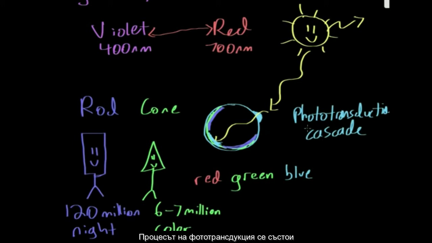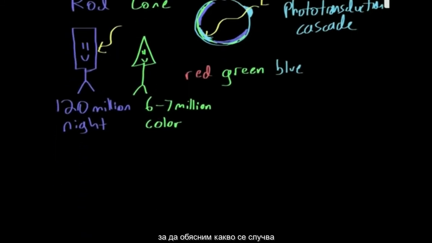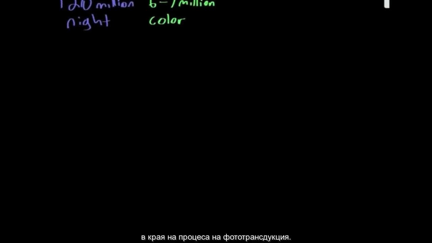This phototransduction cascade is a set of things that occurs as soon as light hits a rod or a cone. As soon as light hits it, the light wave triggers this cascade. We're going to go into the phototransduction cascade in the next video, but let's skip over it for now, just so that we can explain what occurs at the end of it.